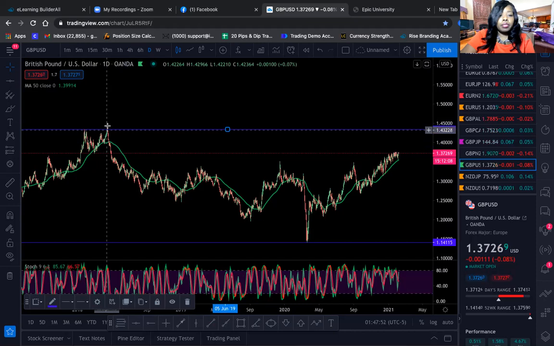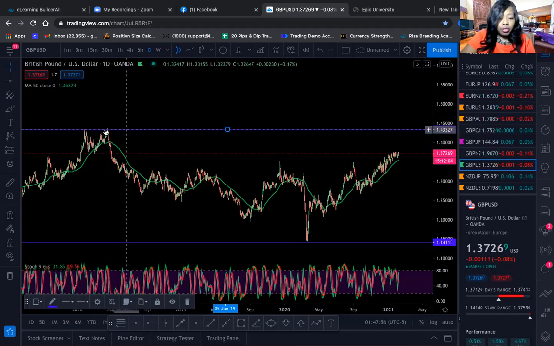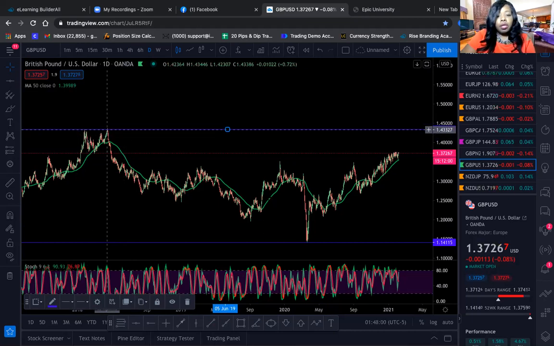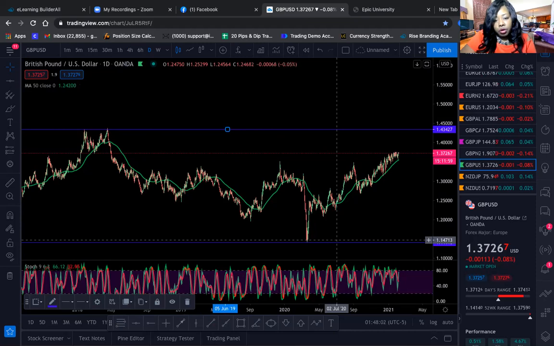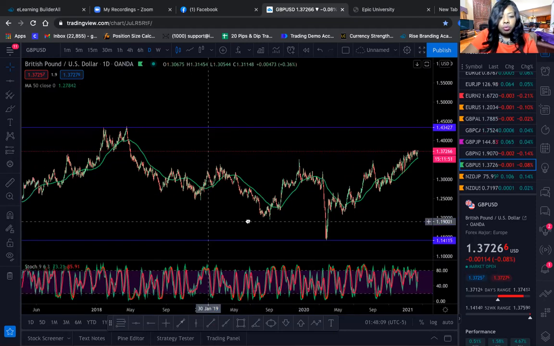It didn't go past this area of support, and we have, I'm sorry, not support, but resistance. Okay, so it resisted going past there. And this is like the floor, what we call support. Okay, this support area here is a line of support.